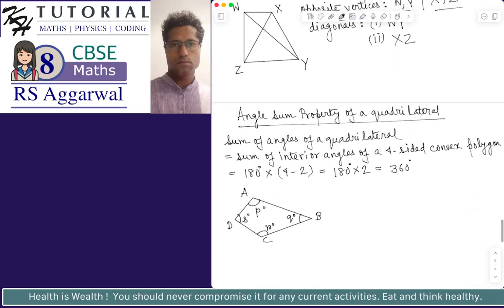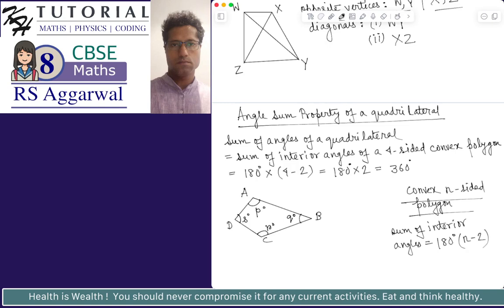Okay, the last one is angle sum property of a quadrilateral. Now remember from the concept of polygons that for a convex polygon having n sides, the sum of the interior angles is equal to 180 degrees multiplied by n minus 2, where n is the number of sides of the convex polygon.